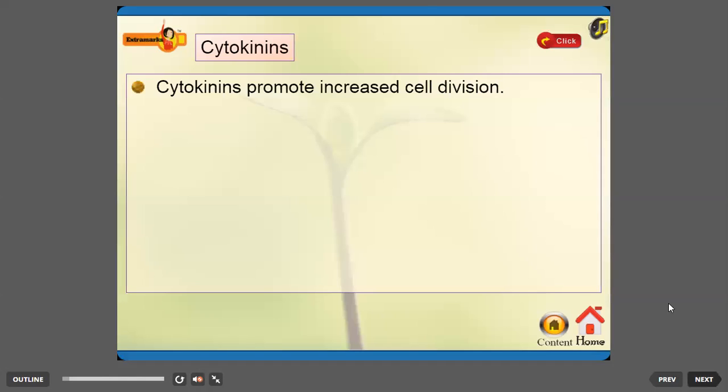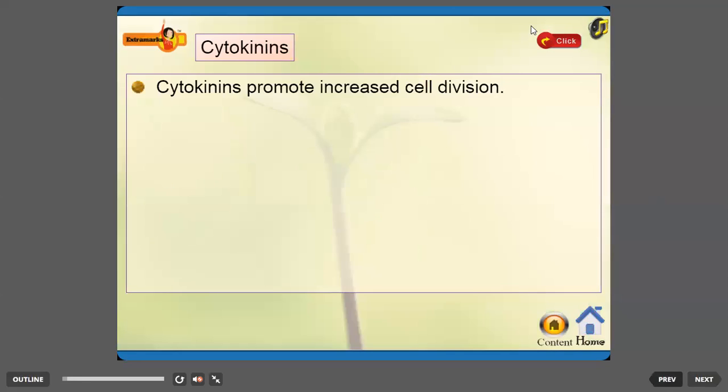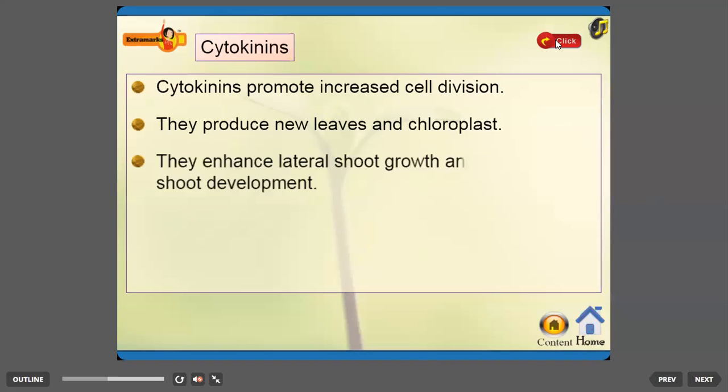So this part was already told to you before. Now cytokinins promote increased cell division. Sorry, we missed some part. They produce new leaves and chloroplasts. They enhance lateral shoot growth and adventitious shoot development.